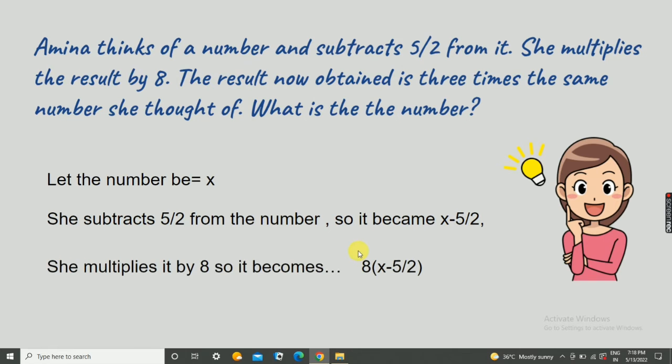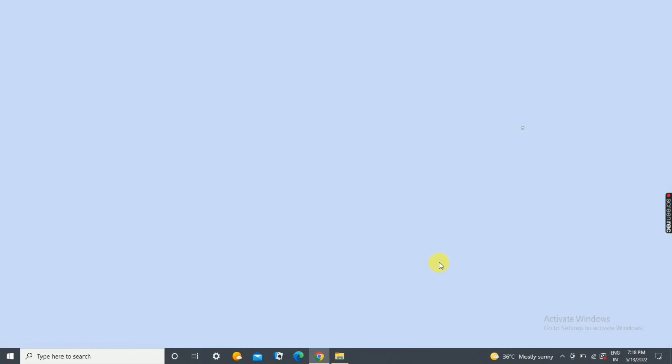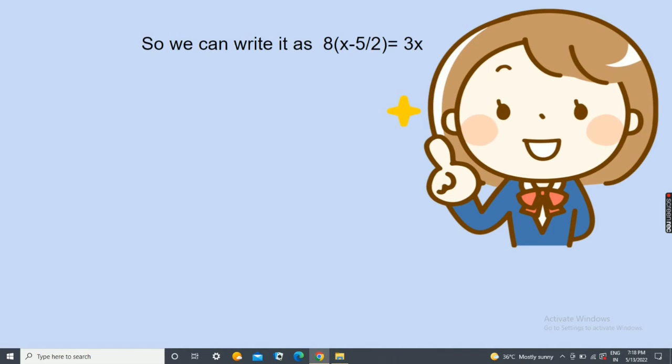After multiplying, the result obtained is 3 times the same number she thought of. So we can write 8 into x minus 5 upon 2 is equal to 3x, because she thought of the number x and we made it 3 times.